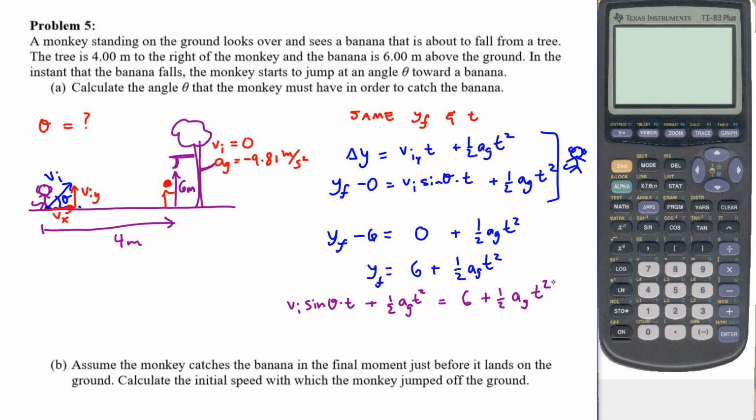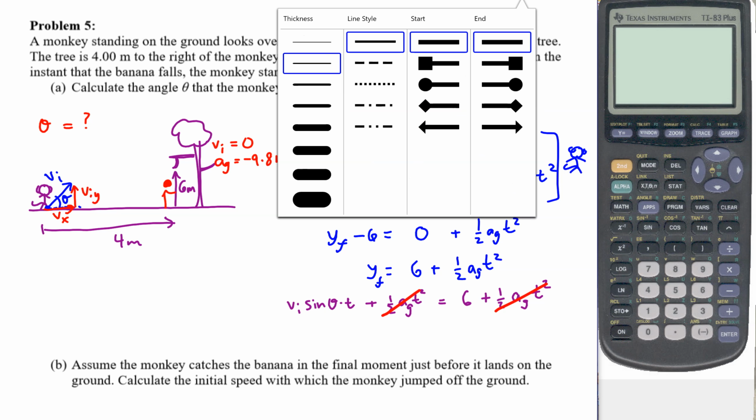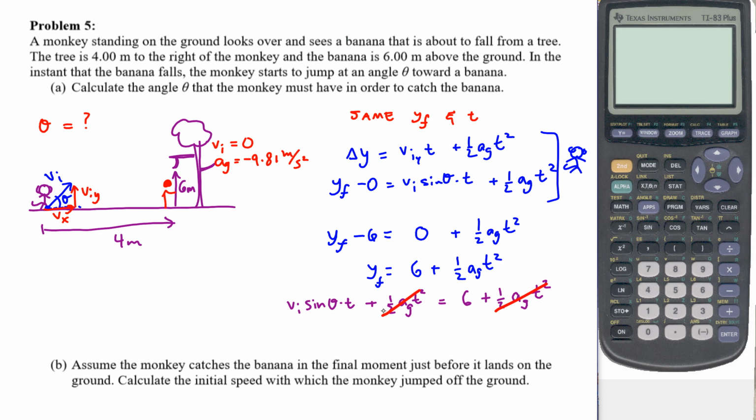And look at what happens. You can subtract 1/2 a t squared from both sides, and that terrible term just goes away. And now, what do we have? Vi sine theta multiplied by time is equal to 6. That's much simpler. But we still have 3 unknowns.